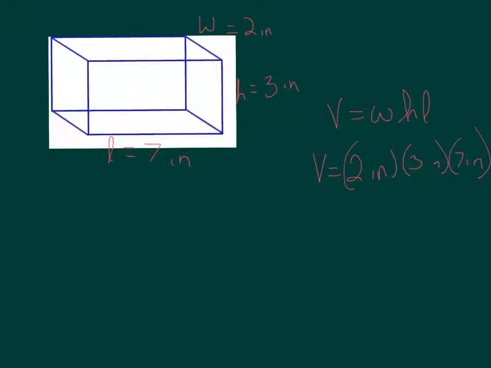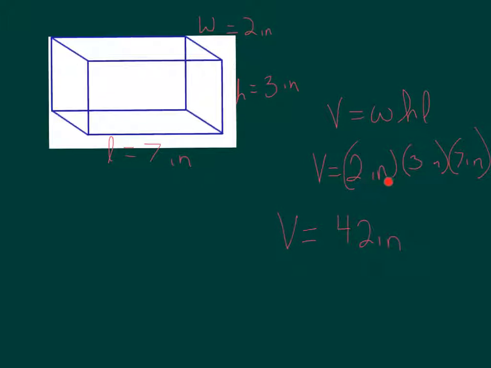And then for this, all you have to do is multiply them all together. So you have your 2 times 3 is 6, and 6 times 7 is 42. So you do 42 inches, and just like you multiply each number together, and there's 3 numbers, you have to multiply your inches together.